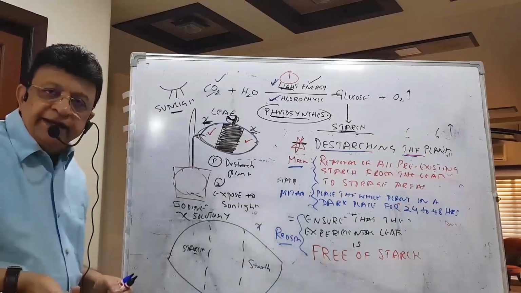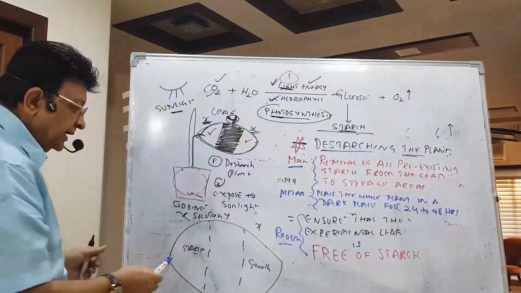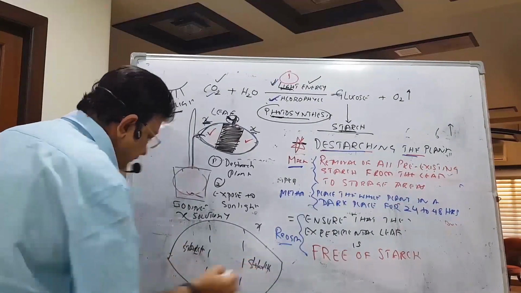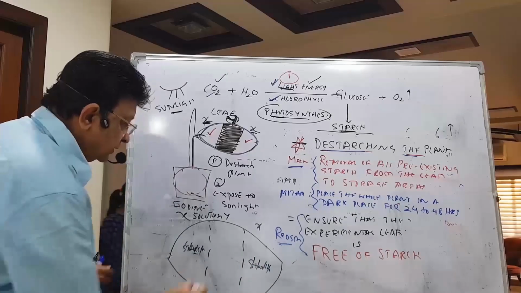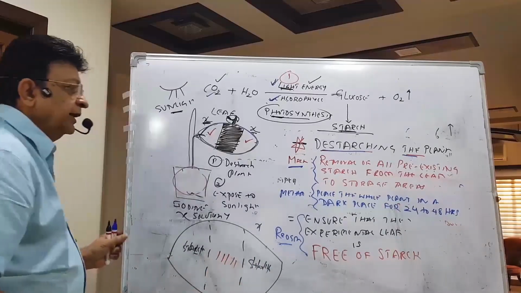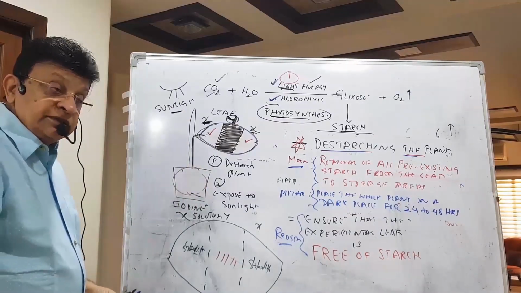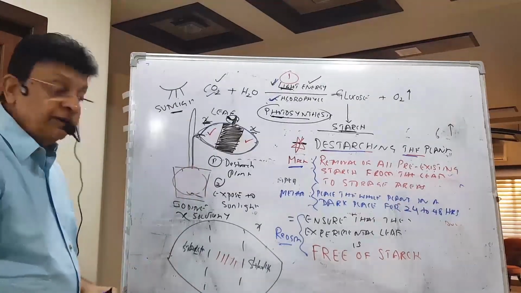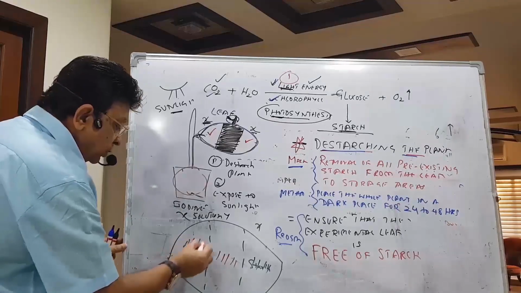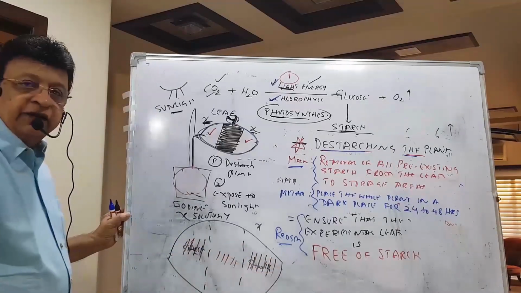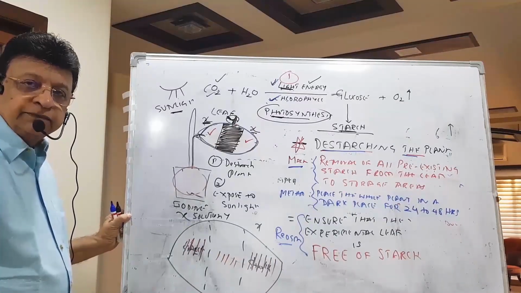So with a prejudiced idea, when I added iodine, I expected that these two will turn blue-black and this area will turn brown, confirming that light is required. But the problem is, when I did this experiment, I did not get blue color. The leaf stained brown.